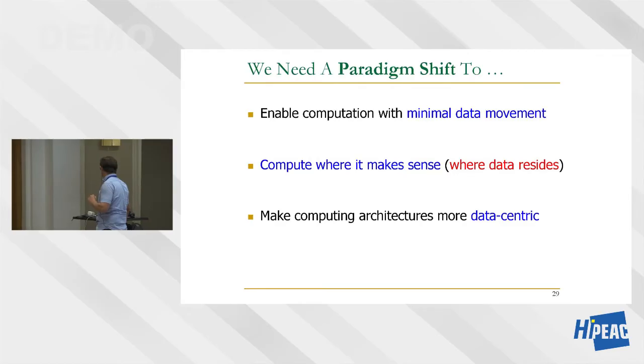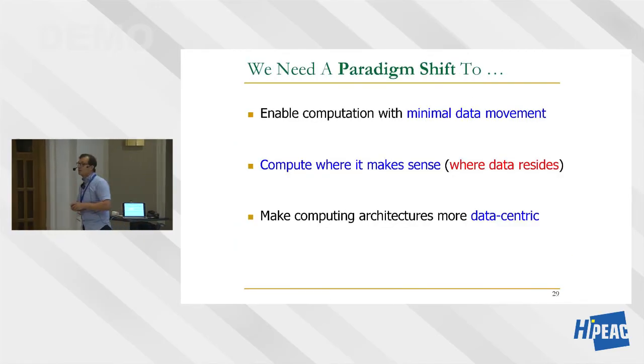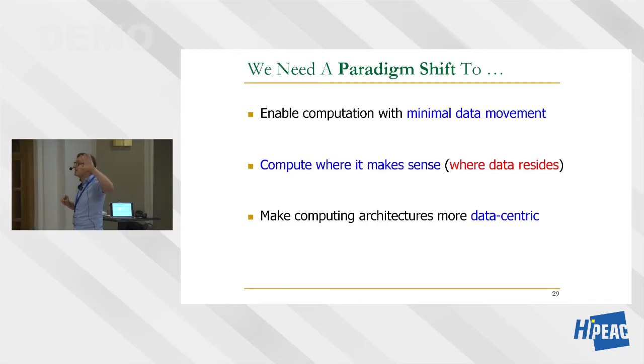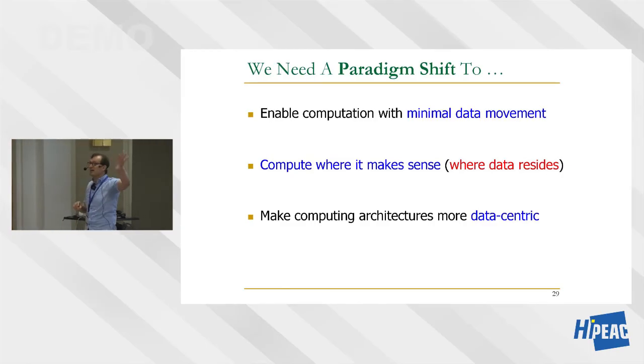Okay, so this is where we have discussed. Basically, we do not want to move data. We want to really do the processing where it makes sense. And I don't believe that doing the processing by moving the data to a compute unit far away from the data is the only place where it makes sense. It may make sense, assuming you have very good locality. But in most cases, it doesn't make sense.